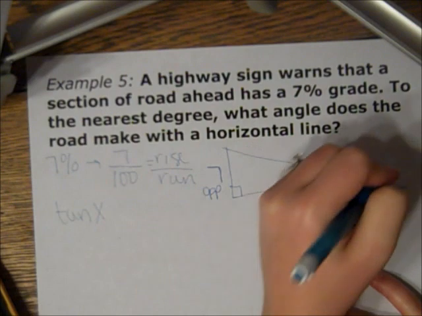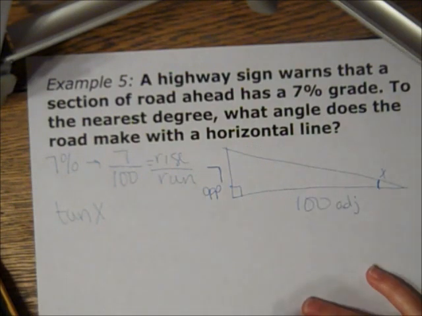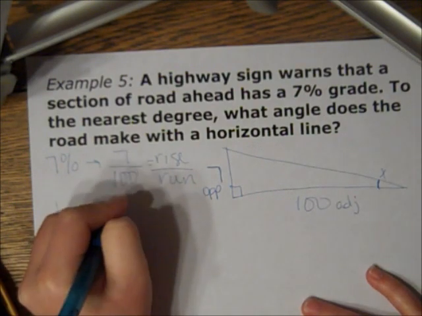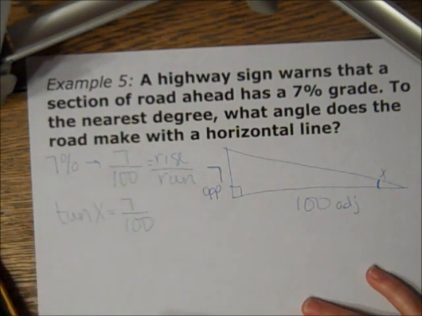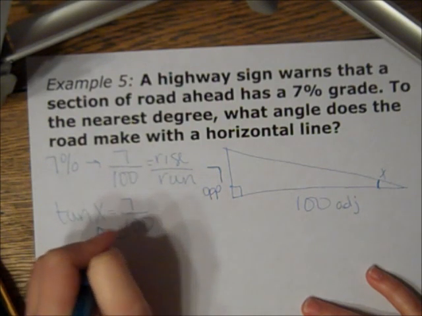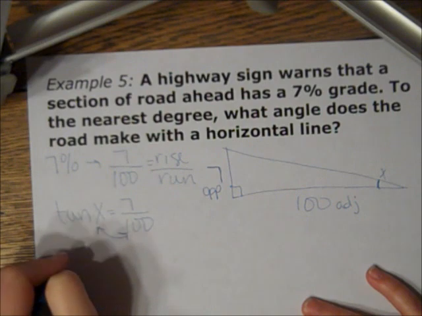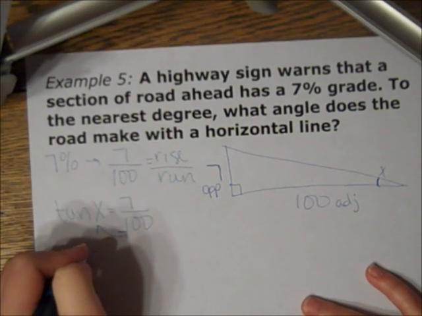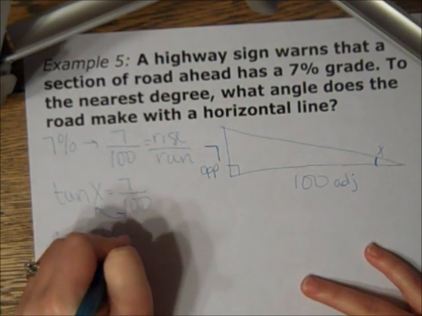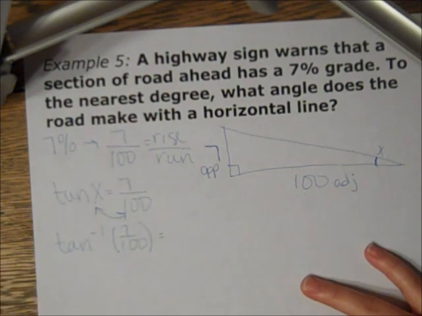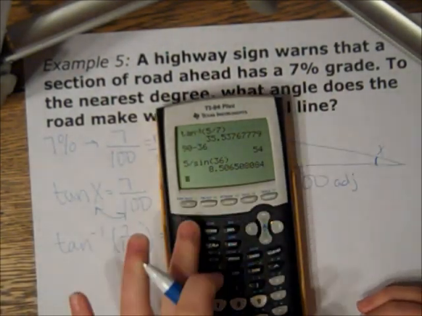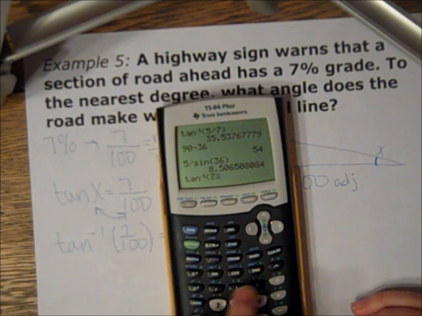So tangent of this degree, I'm going to call it X just for simplicity, equals opposite over adjacent. My answer is going to be an angle measure. So I have to switch places, which means I have to do inverse tangent. If your answer is an angle measure, you better be doing inverse.